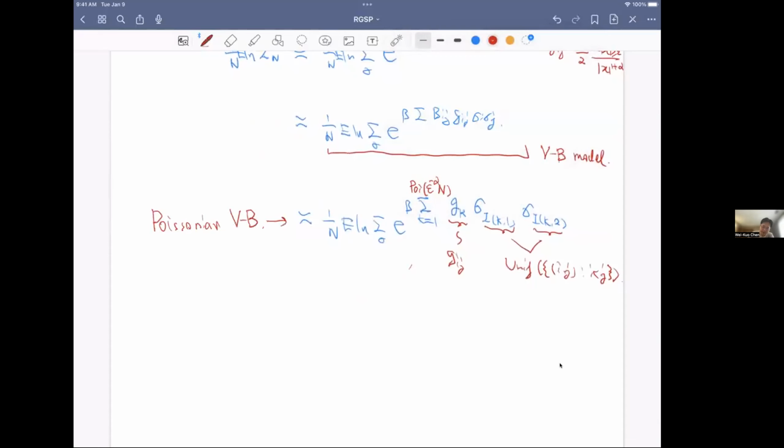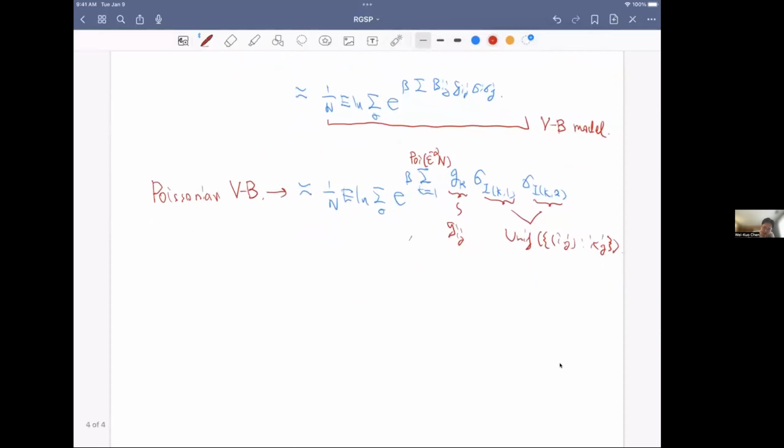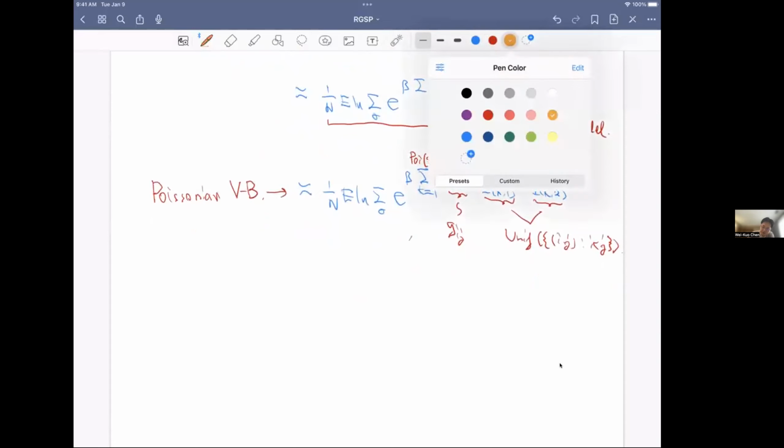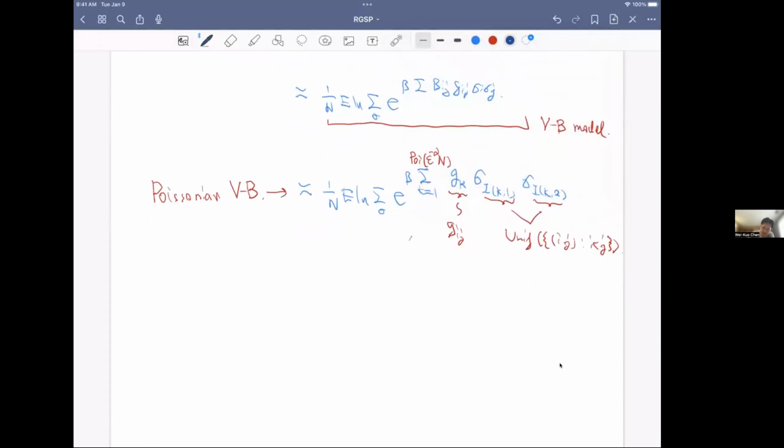Now let me denote this by a new notation. Let me denote this by F_PVB, the PVB model. Now this is a fact, due to Panchenko, I cannot remember the exact year, but it should be 2013.